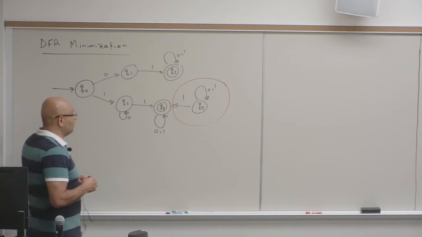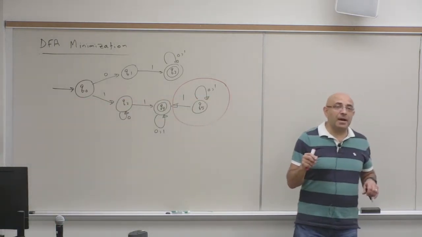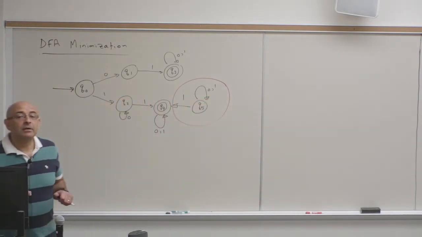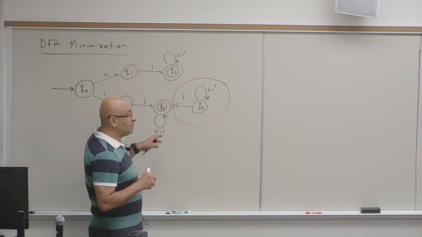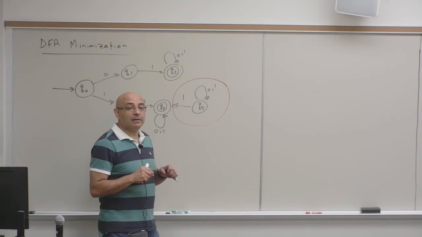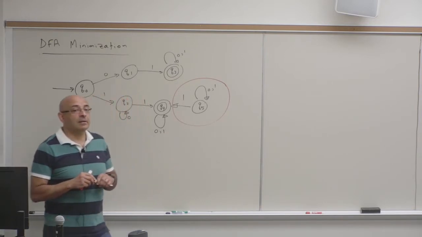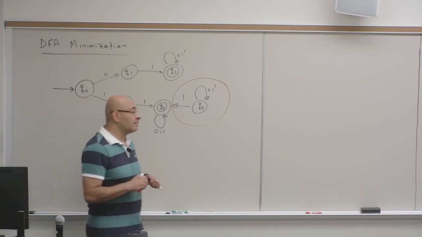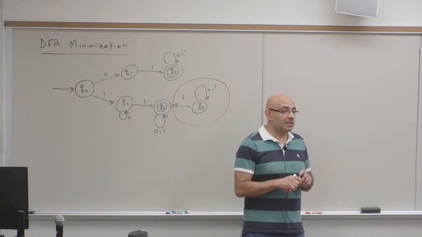If you are trying to construct a DFA manually for a given language, you're unlikely to create an unreachable state. But unreachable states may be created from an NFA, when you are running a certain algorithm, like the subset construction.